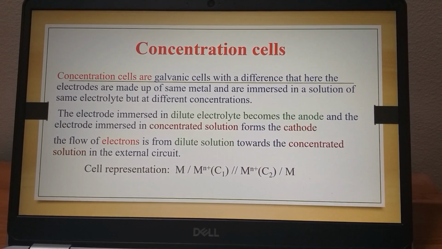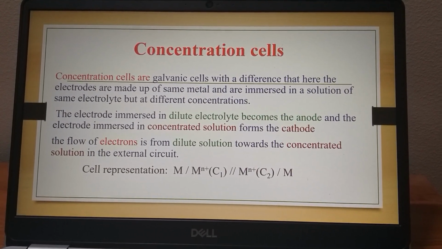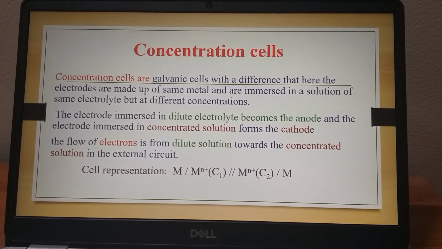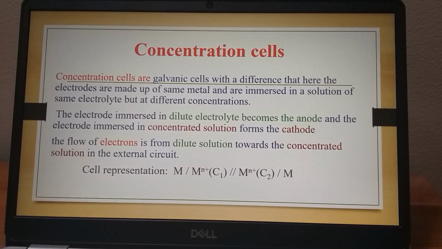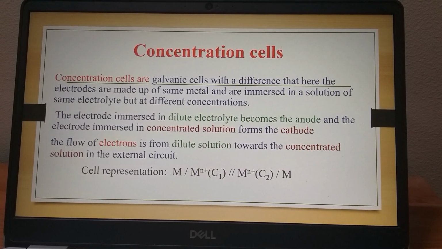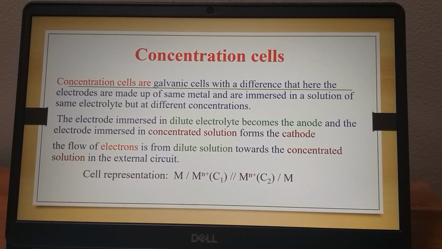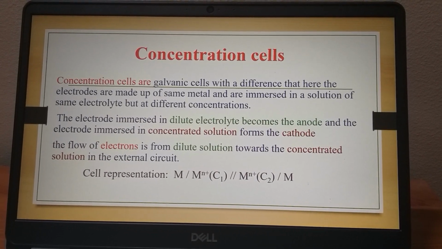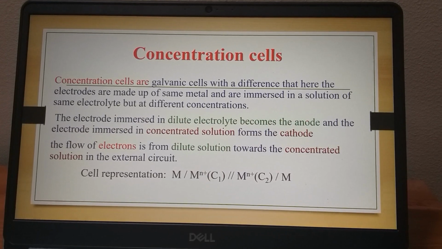The electrode immersed in a dilute solution of electrolyte becomes the anode, and the one immersed in a concentrated solution of ions becomes the cathode. So the flow of electrons is from the dilute solution towards the concentrated solution in the external circuit.